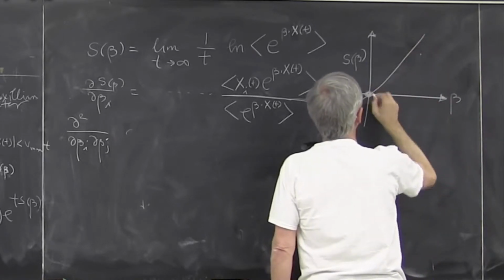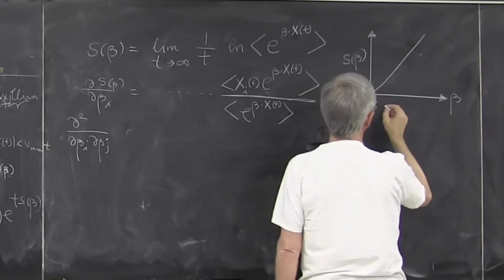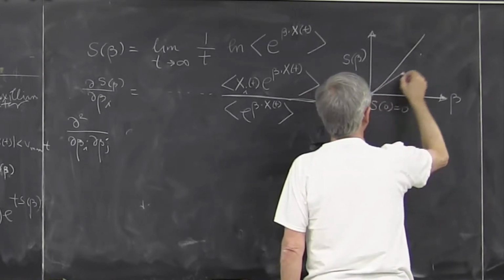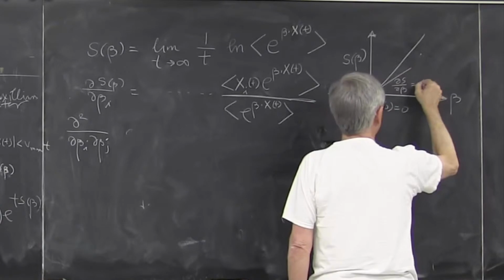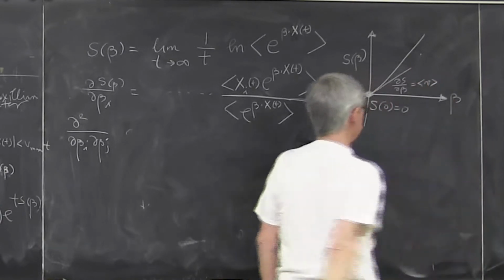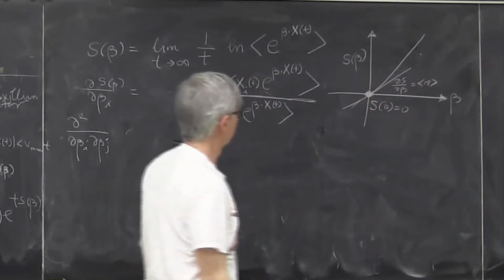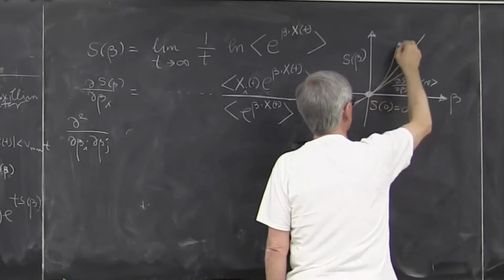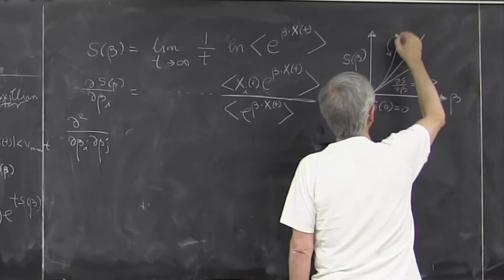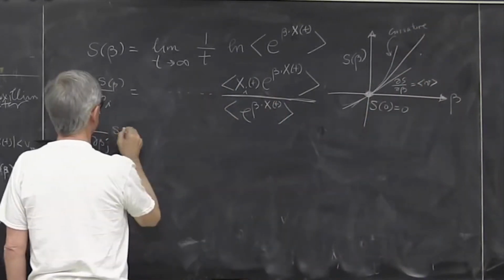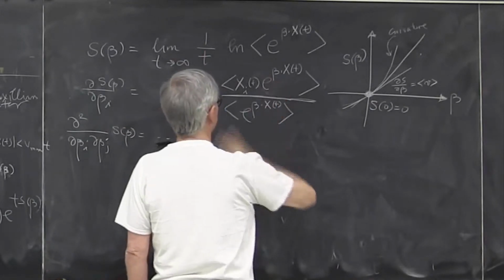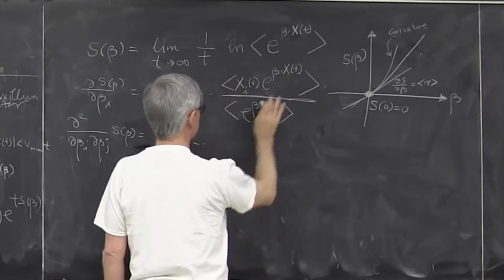And its value at 0 equals 0. Its first derivative has to do with average of my observable. And the second derivative will have to do with local curvature of some kind. I'll take this limit later. This is all true for any finite t.